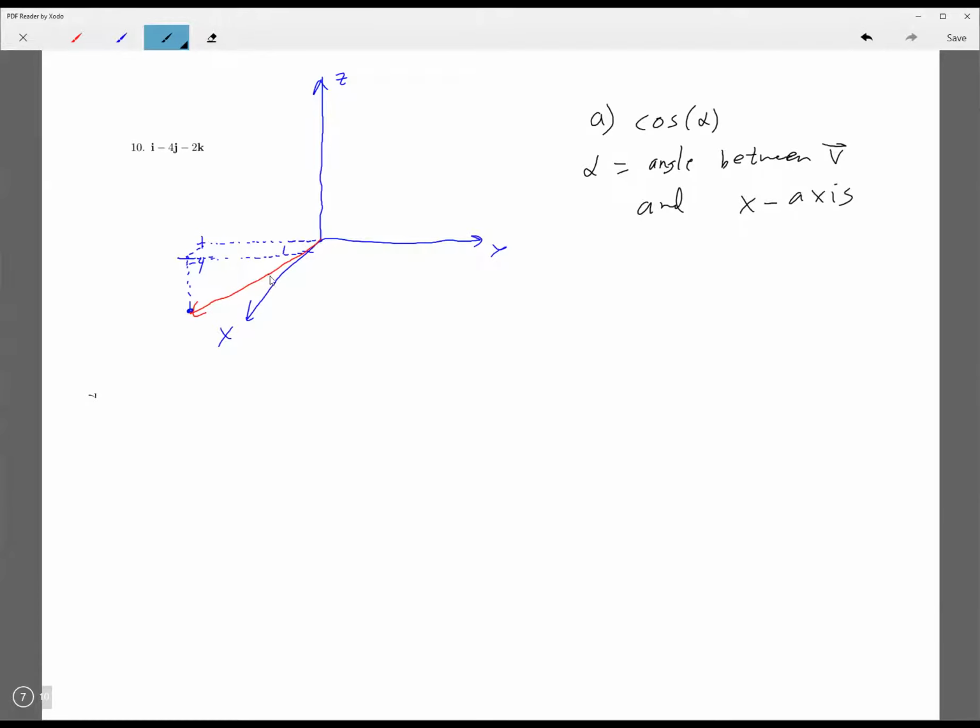So that's supposed to be this angle here between the vector and the x-axis is what we're supposed to find.